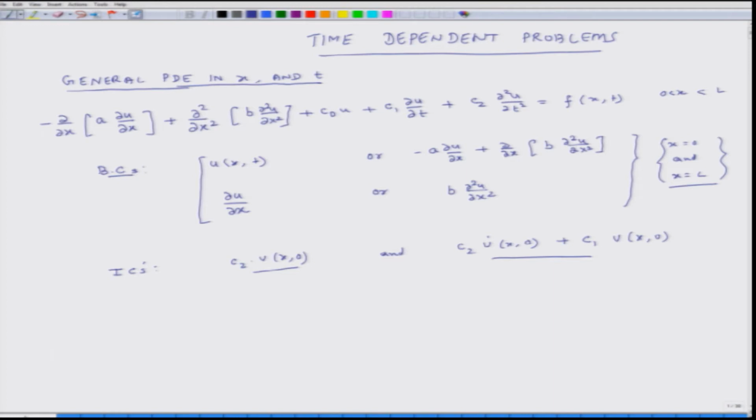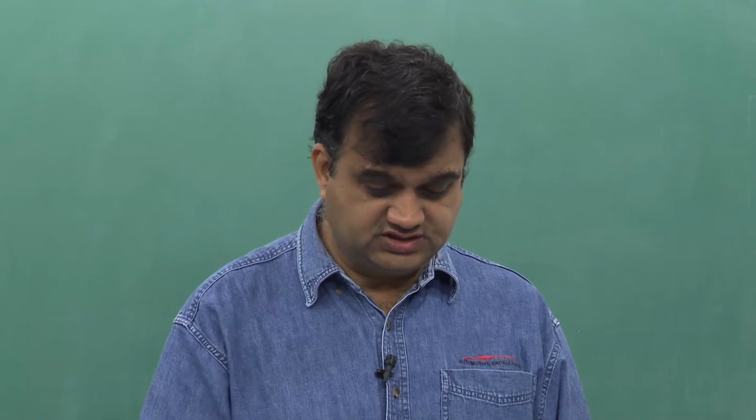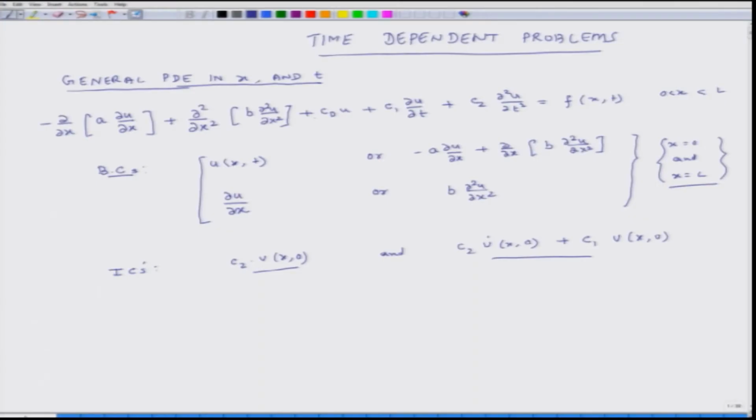The second thing is that unlike all the problems which we have addressed in earlier lectures, which were not dependent on time, so we were dealing only with boundary conditions, now this is a partial differential equation of second order in time and also of second order in space, which is x.